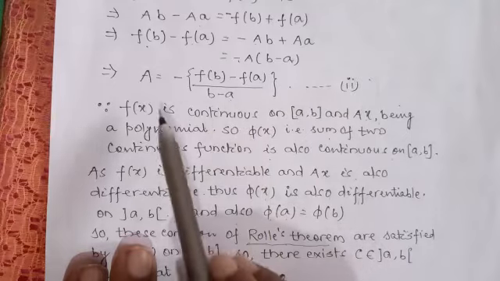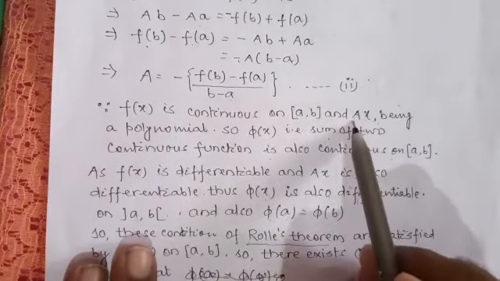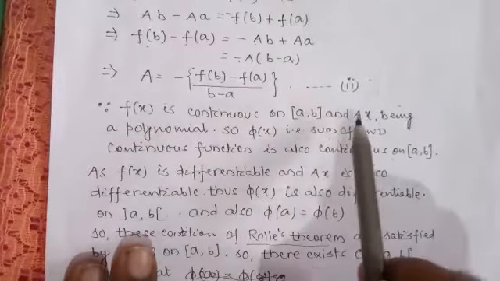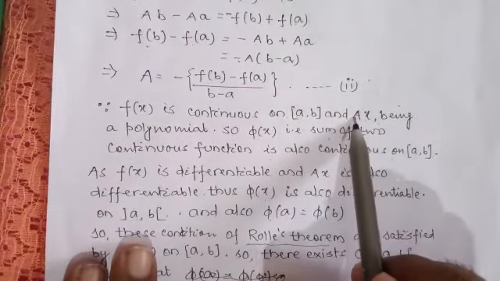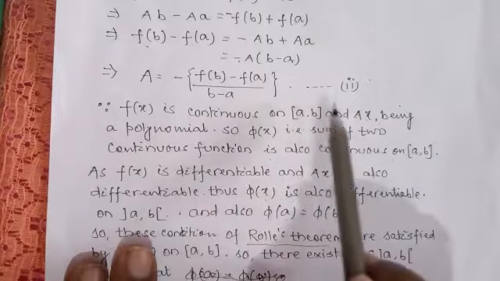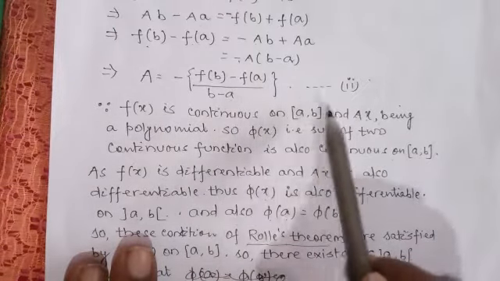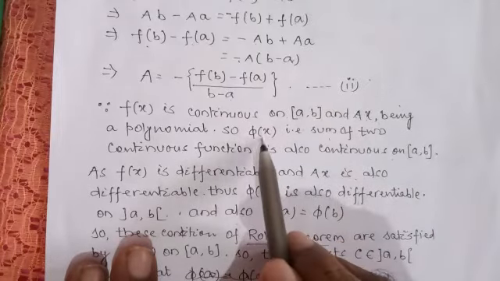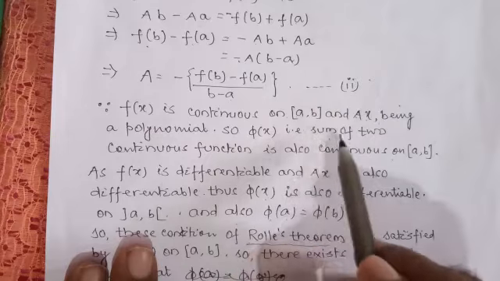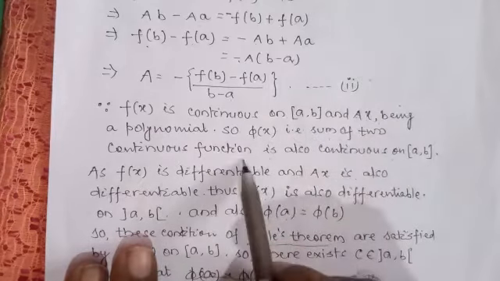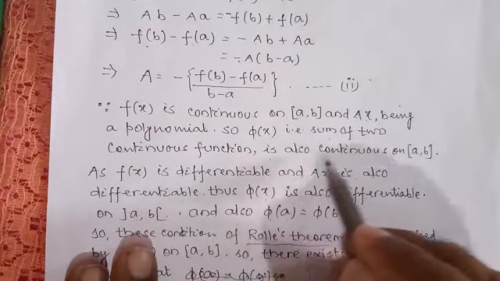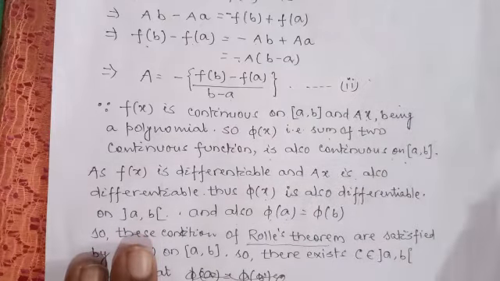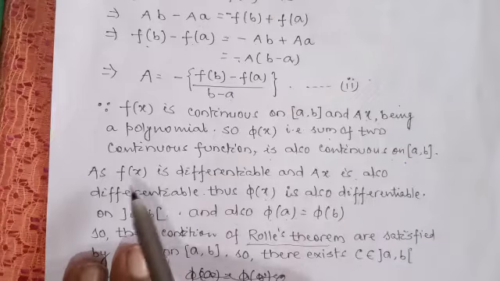Phi(x), which is the sum of f(x) and Ax, is the sum of two continuous functions, and the sum of two continuous functions is also continuous. It means phi(x) is also a continuous function. So one condition is already satisfied.